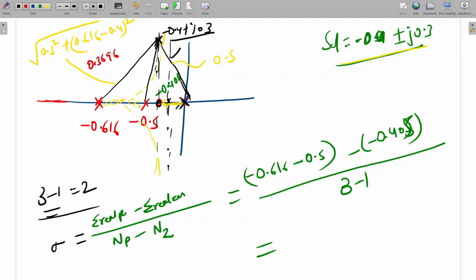This is the distance from this pole to this point.